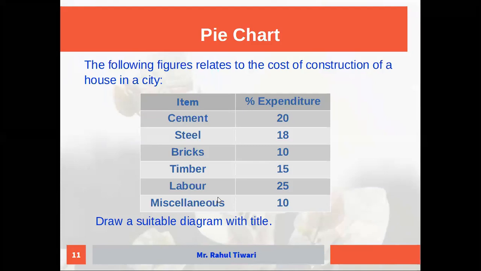If I use a simple bar diagram, all countries or all cities are independent, so there is no relation. But here I am using the cost of construction of particular items, so they are interrelated. So whenever we have interrelated data, you should always go for a pie chart. The students always get confused, because I always repeat it twice and thrice.